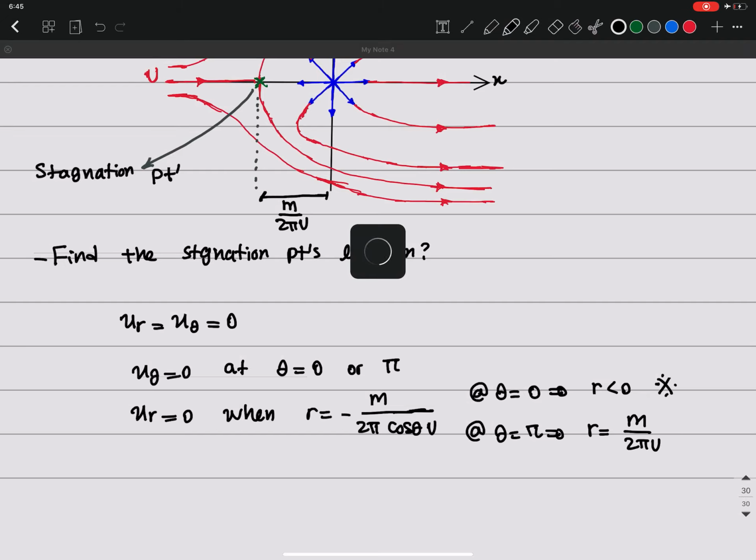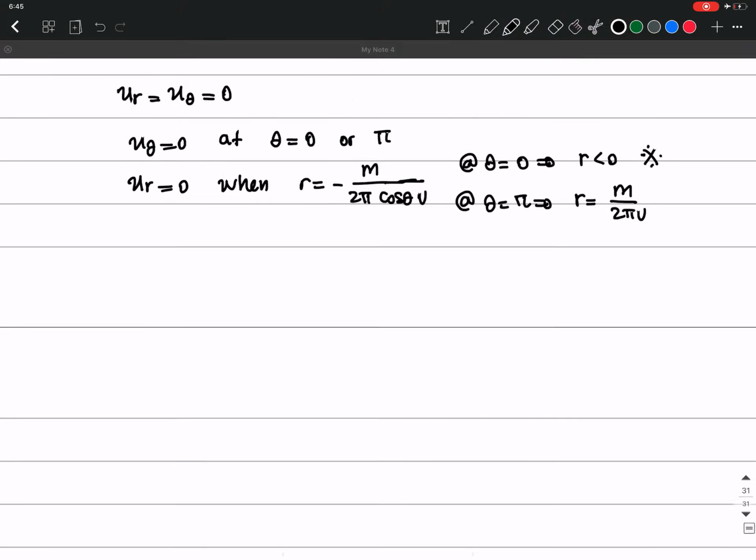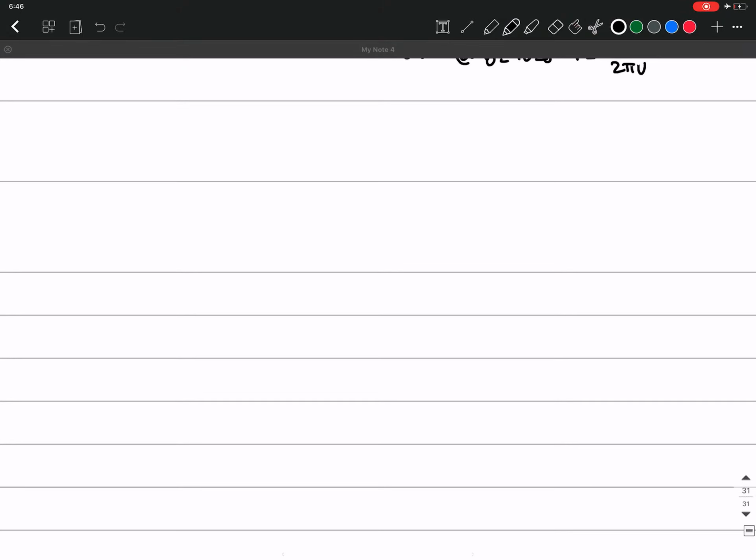So, the shape of the body or streamlines in the flow.